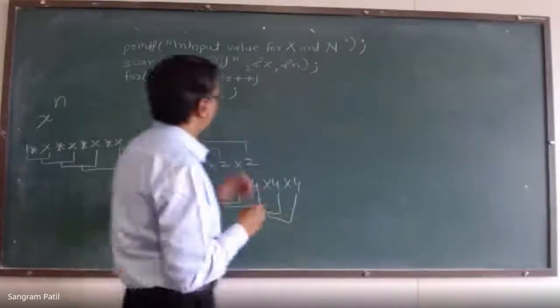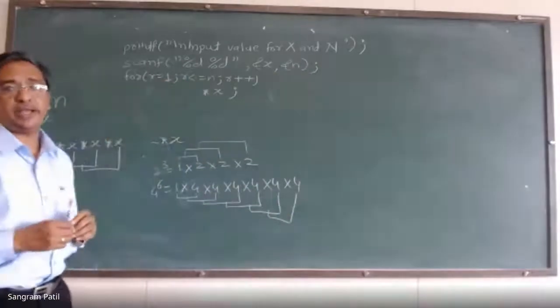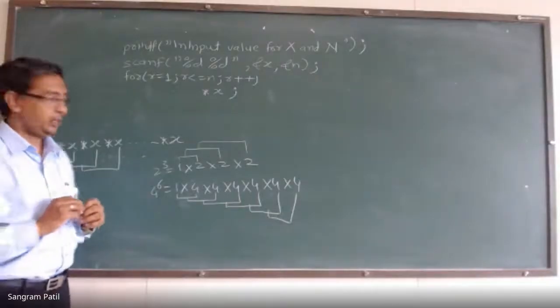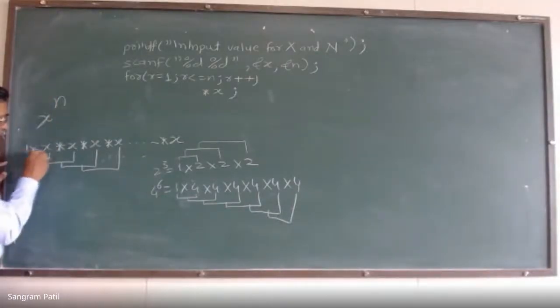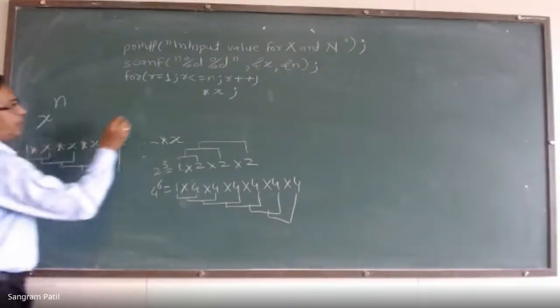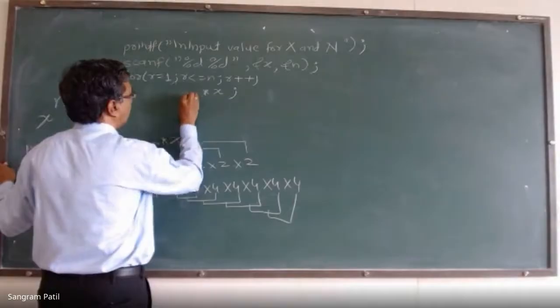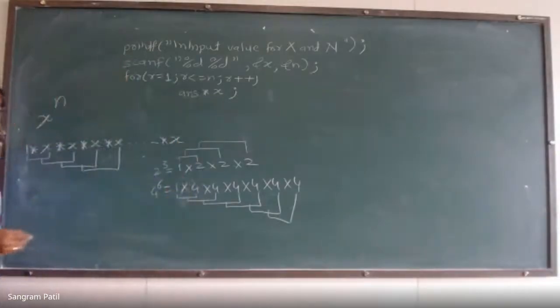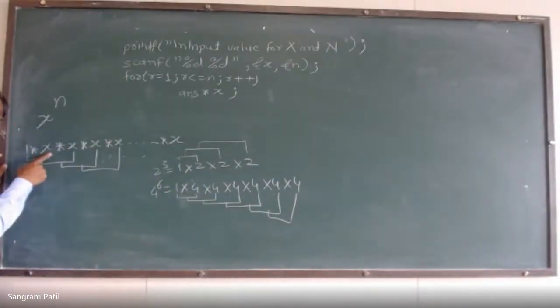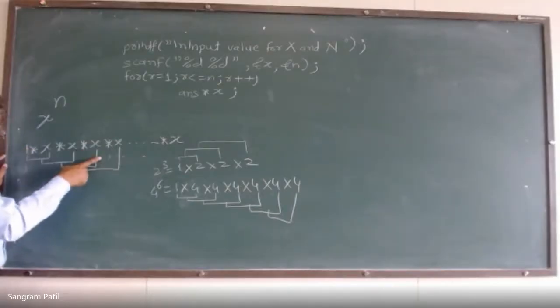So similarly, we have to execute this n times and multiply by x. After multiplying, suppose I am taking here answer. After multiplying by x, the new result is considered for the next multiplication.